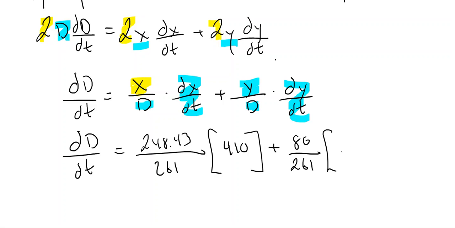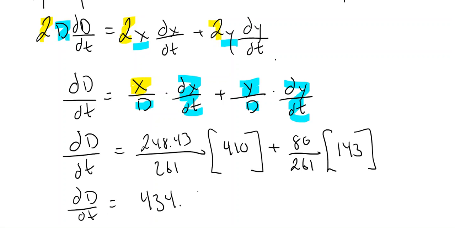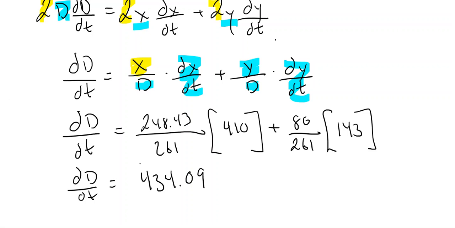And so we end up with the rate of change of distance with respect to time being equal to 434.09. And that is the rate of change of the distance between the two airplanes with respect to time. And that answers the question for this problem.